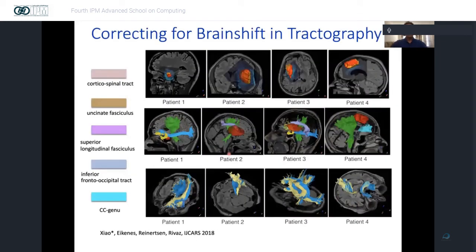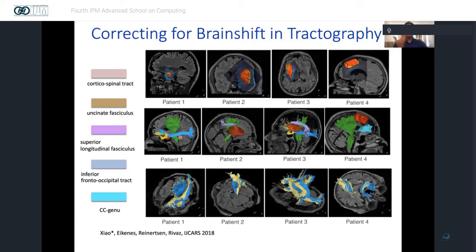We also performed deforming the tractography images using ultrasound images. Now, our brain is full of wires inside, and when the surgeons do neurosurgery, the side effects are much smaller if they cut parallel to these fibers.